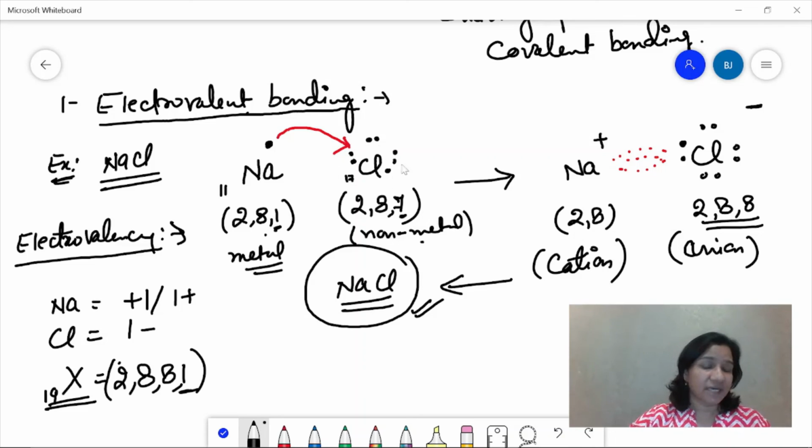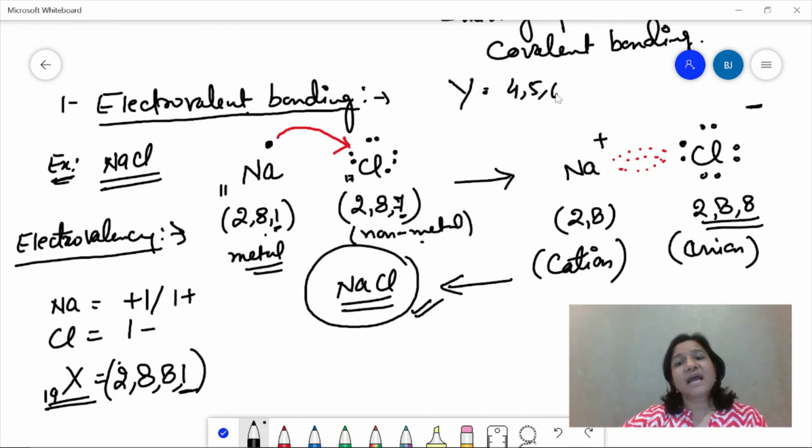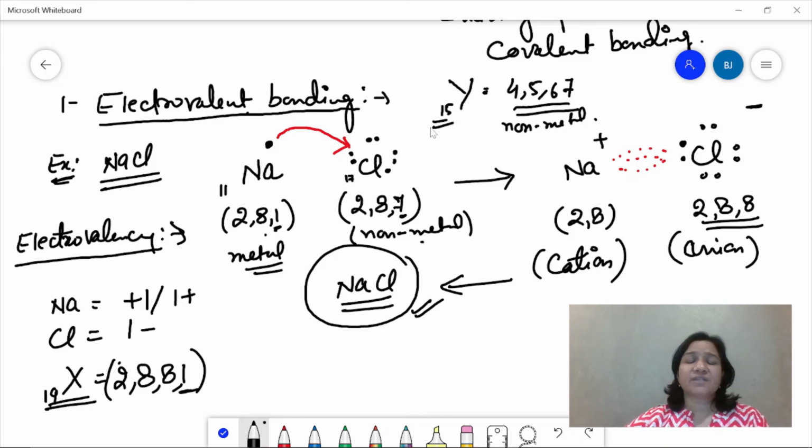And for another element, suppose an element Y, an element which has 4, 5, 6 or 7 electrons in the valence shell will be considered a non-metal, right? Suppose I give you atomic number 15. How will you distribute the electrons? You will say 2, 8, 5. So 5 electrons are there in the valence shell, which means it will come under this category.